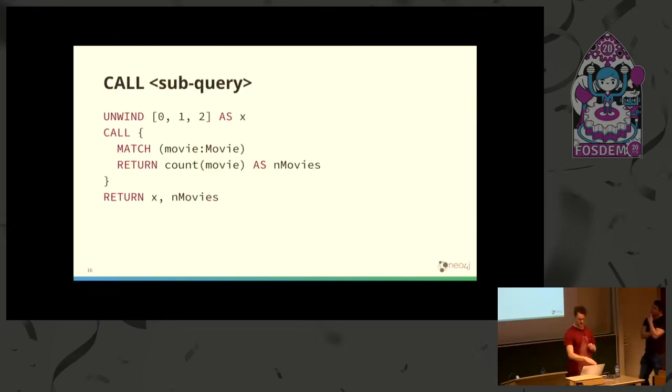The return columns of the subquery are then exposed and available as new variables in the outer scope. So here we return the number of movies, and then we have access to the number of movies variable outside of the subquery.